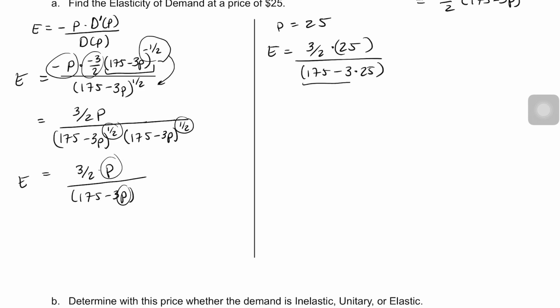For the bottom part, we have 3 times 25, that's 75, and 175 minus 75 is 100.